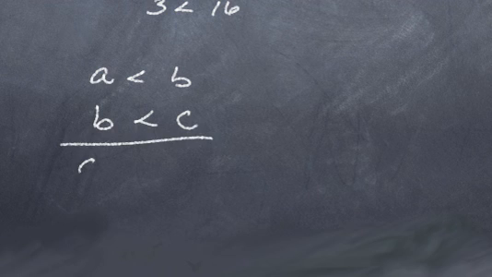We said that A was less than B, and then underneath this I'm going to write C is less than D. Then I'm going to add these together, so we'd have A plus C, would that be less than B plus D?